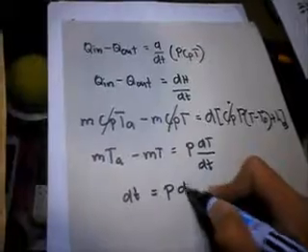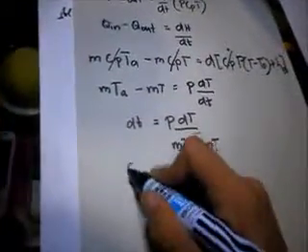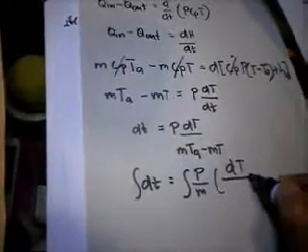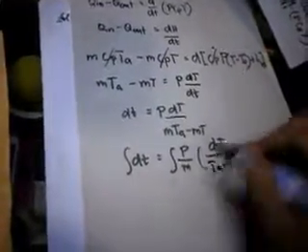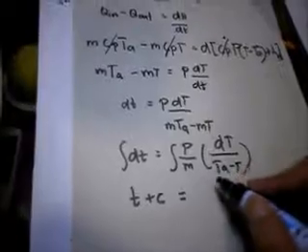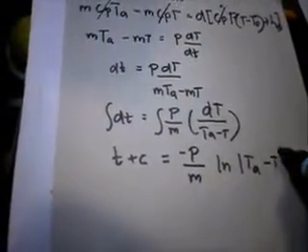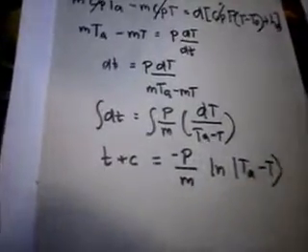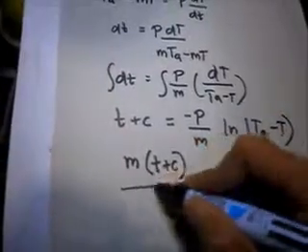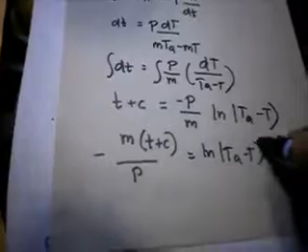So we have P dt over TA minus T. You get here t plus c is equal to negative P over M ln of TA minus T. So we have M t plus c over P, negative, is equal to ln of TA minus T.